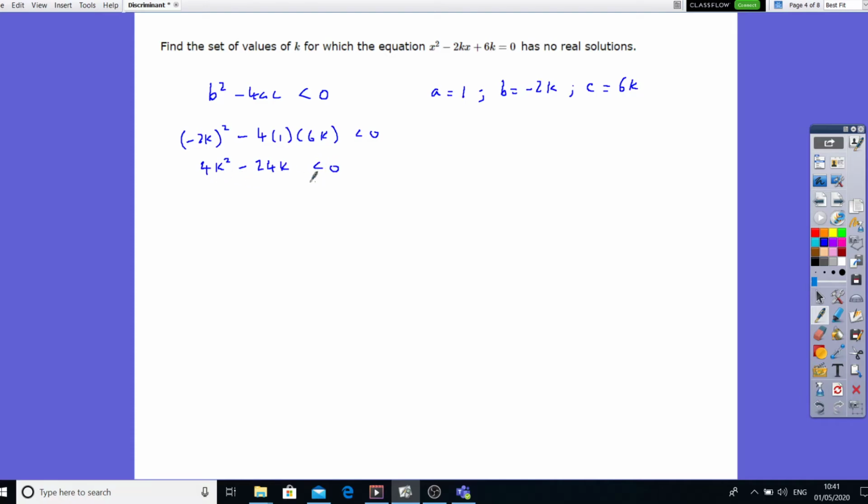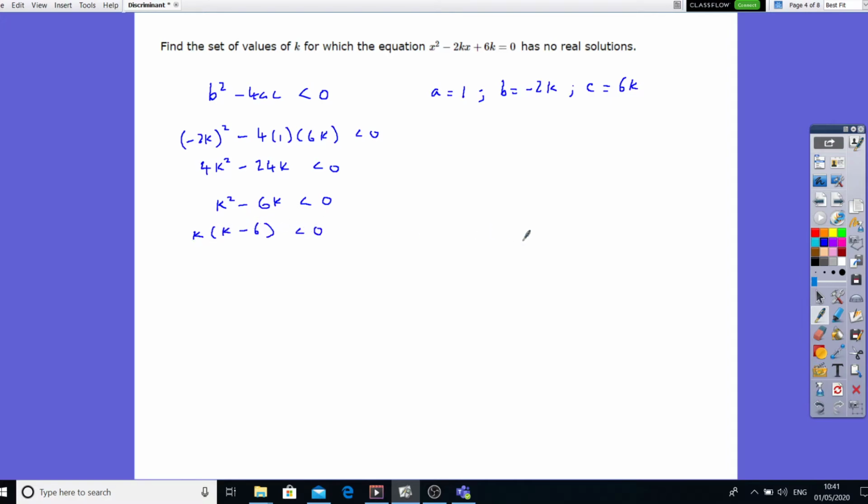Now I could just simply divide everything by 4, so k squared minus 6k is going to be less than 0. Then I'm going to factorize this, which is going to give me k times k minus 6 less than 0.